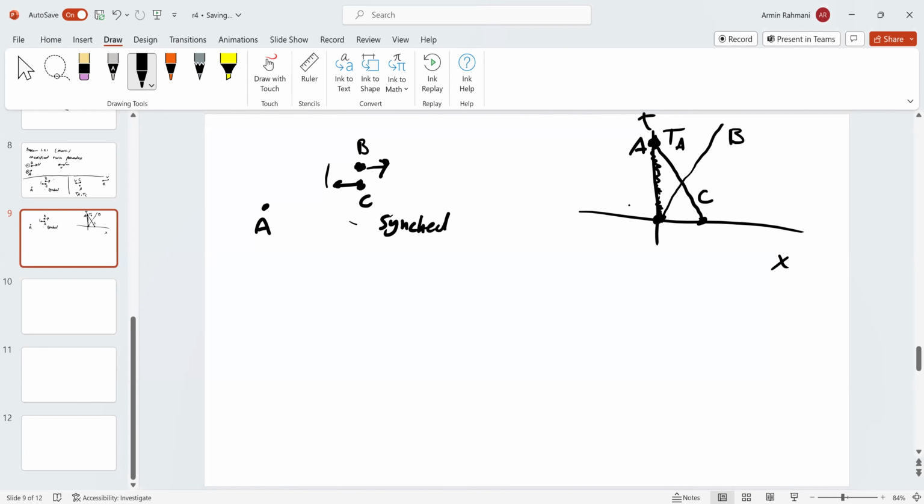Well, let's say at this point where B and C synchronize their clocks, the clock on B reads, so B reads little t sub B, right, at that point.